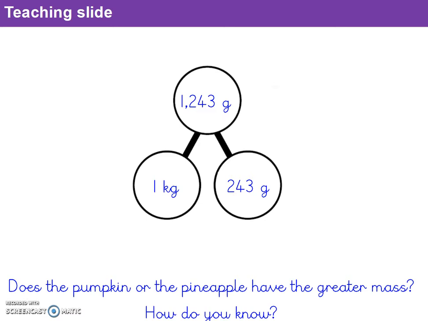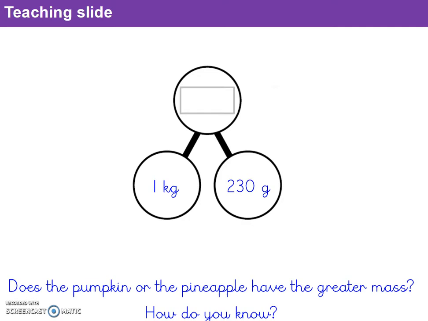So let's now take a look at our pumpkin. Now for our pumpkin, we know that it's weighing 1 kilogram and 230 grams. So now what we need to do is convert our kilograms into grams and then add them together. And we know from our last time that 1 kilogram is equal to or equivalent to 1,000 grams. And then we're going to add on our 230 grams to that.